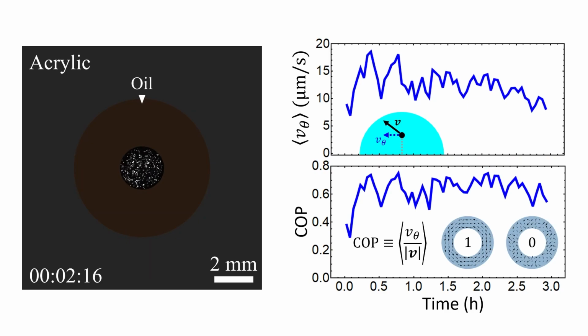Then, to characterize how well the fluid circulates, we defined a circulation order parameter, which is a mean fraction of azimuthal velocity. The order parameter is 1 for perfect circulation and 0 for random flows. In this case, the circulation order parameter remains at approximately 0.6 for hours.